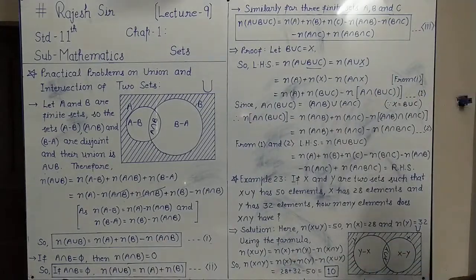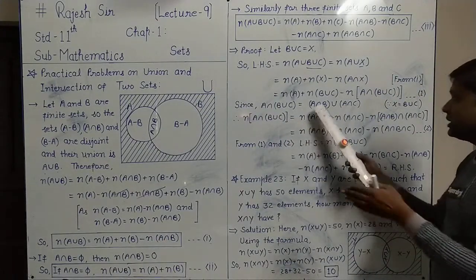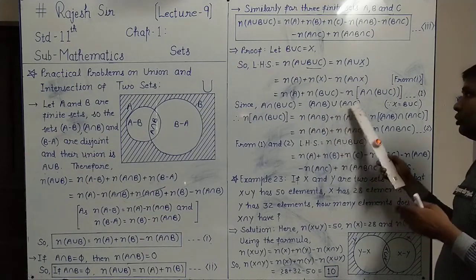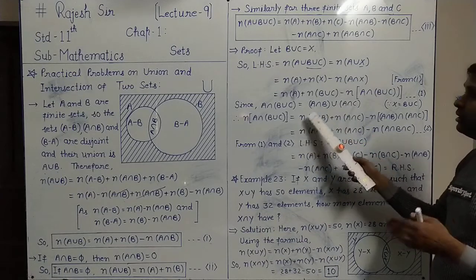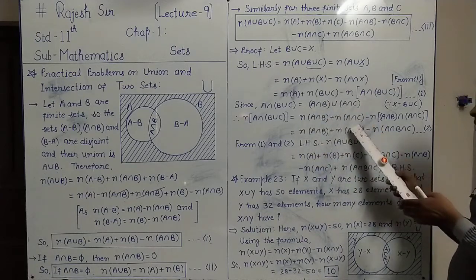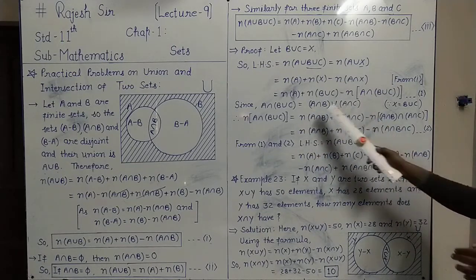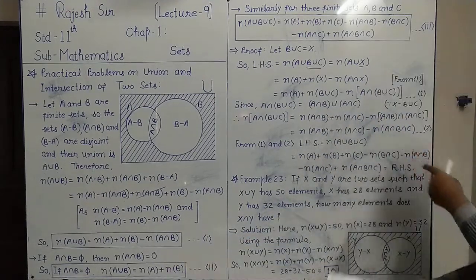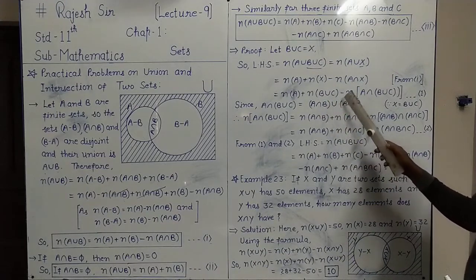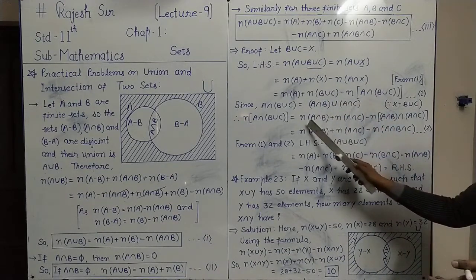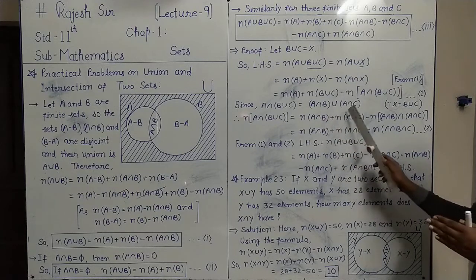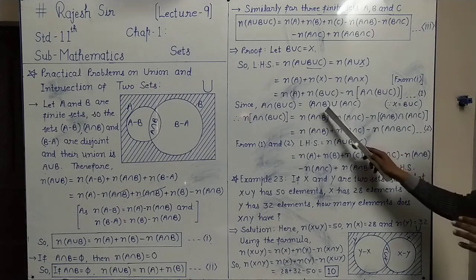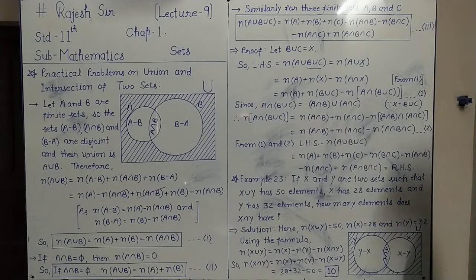So it is n of the first bracket plus n of the second bracket minus n of the intersection of both brackets.